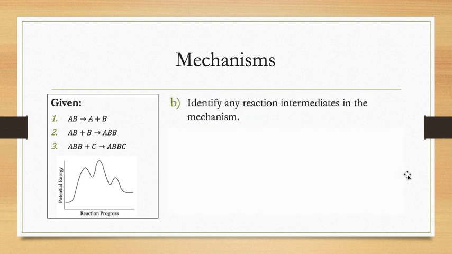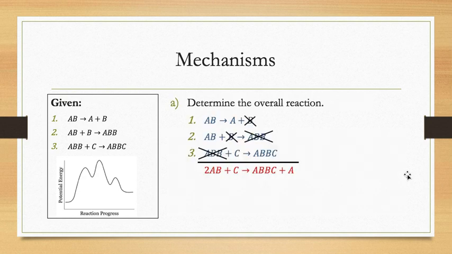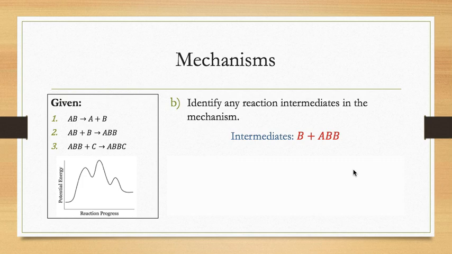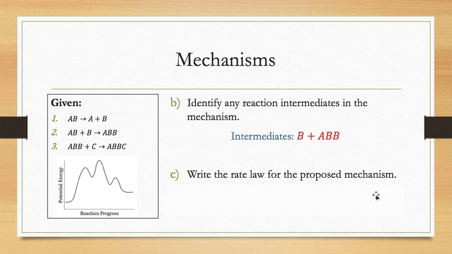Another question you might get asked is identify any reaction intermediates in the mechanism. So again, going back here, that's anything that gets canceled out. So that's B and ABB. Write the rate law for the proposed mechanism. So again, if we're looking at this mechanism, this reaction energy profile shows that this is the slow step here.